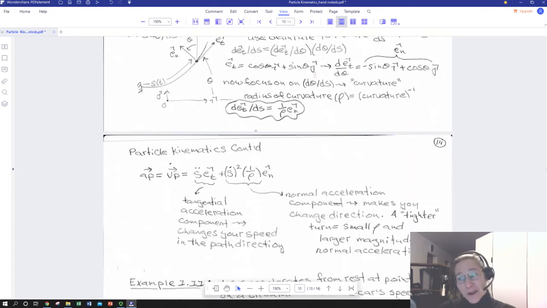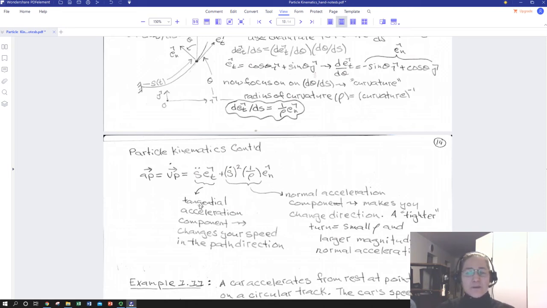So now we put it all together. We're going back into our acceleration expression. We had our s double dot, so our acceleration tangent to the path at any point in the tangent direction, plus the square of the tangential velocity, our s dot, times 1 over the radius of curvature, all of this directed in the normal direction.